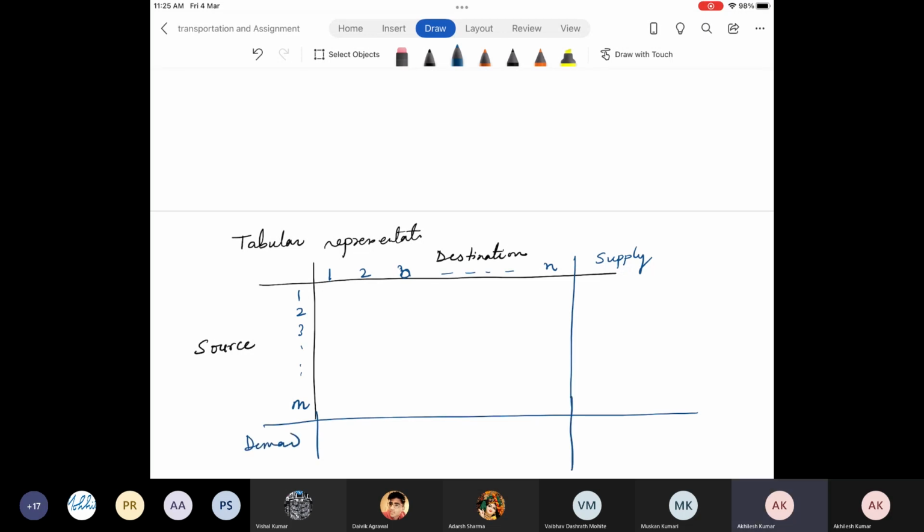And here I will put the cost associated with it: C11, C12, C13, C1N, A1, C21, C22, C23, C2N, A2. Similarly, CM1, CM2, CM3, CMN, AM, and here I will write the demands B1, B2, B3, and Bn. This is called the transportation tableau.